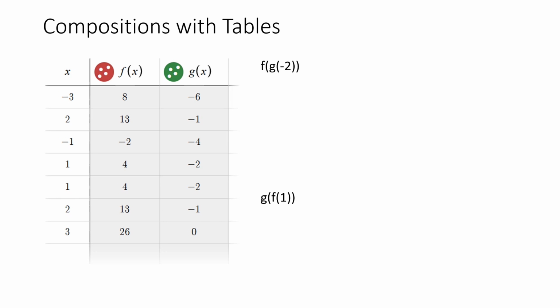I'll make sure that I have a color you can see up. F of g of -2. I'm sorry, I think I said 2 a second ago. It's a -2. So you could see it presented like that. And our strategy for this is going to be to start by finding g of -2.